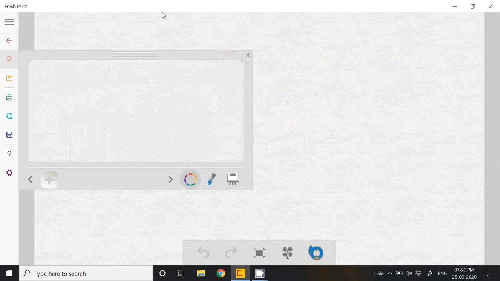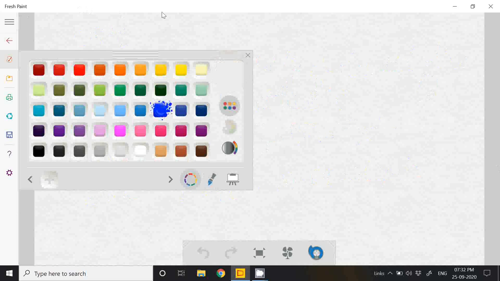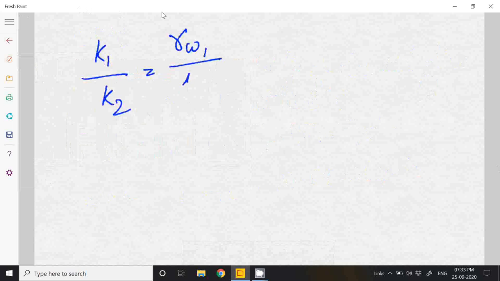So let us write down the main equation which we have discussed just a few minutes back. K1 by K2 is equal to gamma1 by mu1 is to gamma2 by mu2.